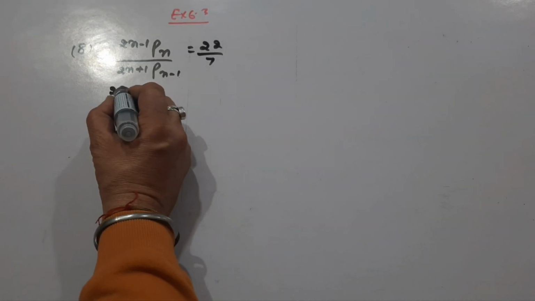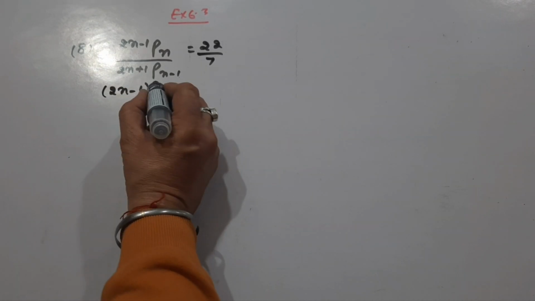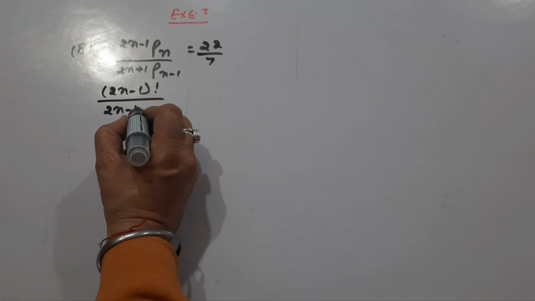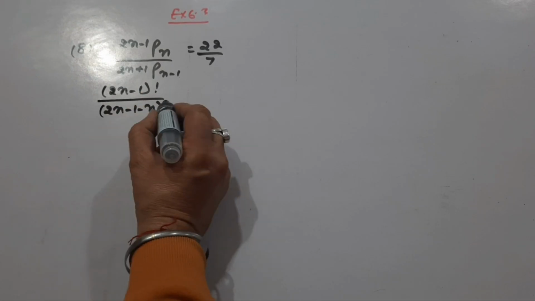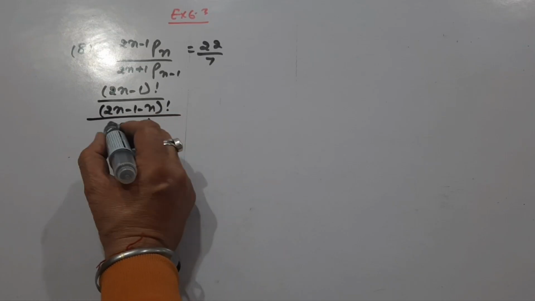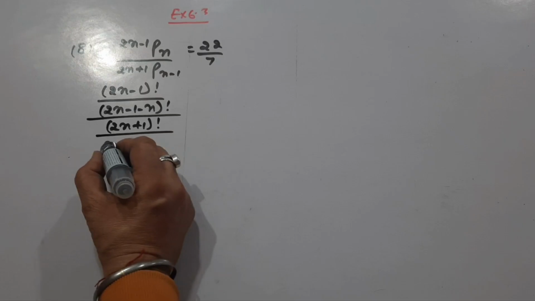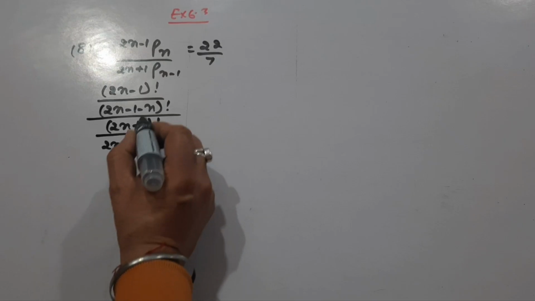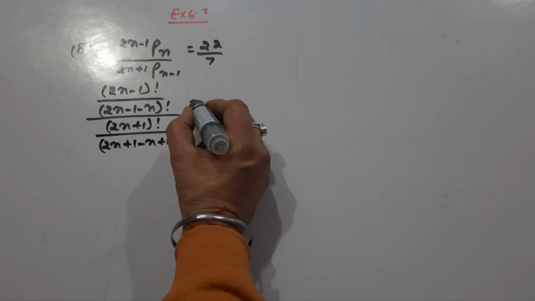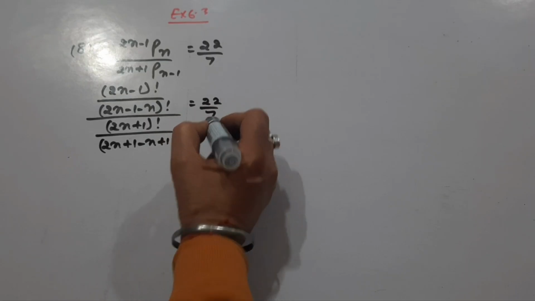Now students, use the formula first. This is equal to 2n minus 1 factorial upon 2n minus 1 minus n factorial upon 2n plus 1 factorial upon 2n plus 1 minus n plus 1 factorial. This is equal to 22 by 7.